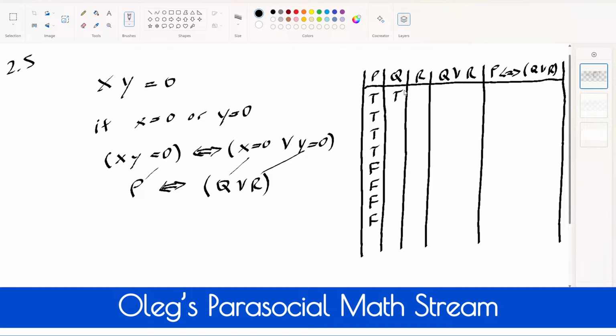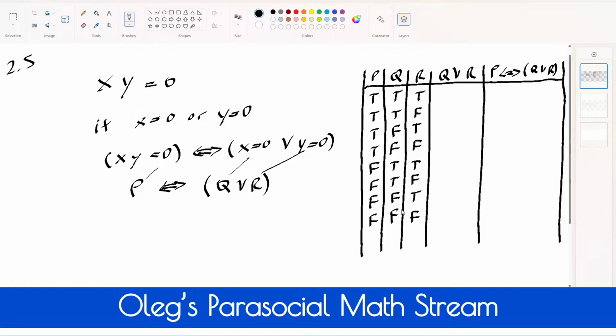So we're going to say this is going to be half as many T's, and we're going to switch this to false, false, true, true, false, false. Okay, good. And then we're going to say this is going to be true, false, true, false, true, false, true, false. Okay. So far, I believe we are looking good.